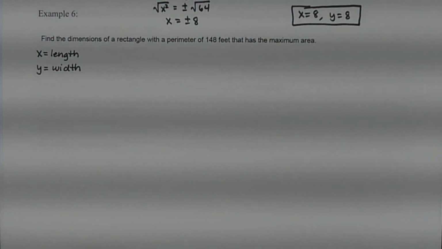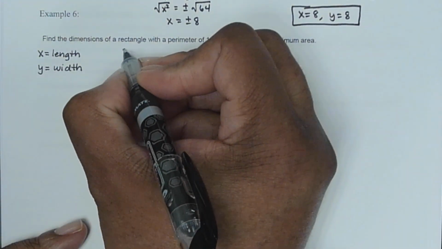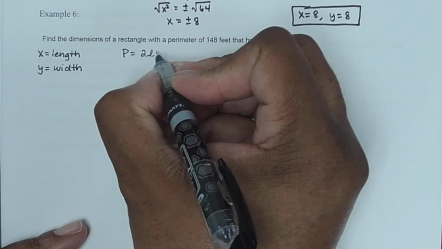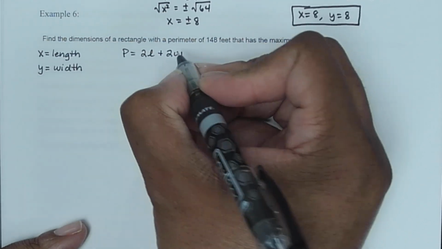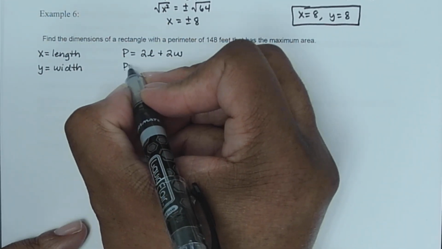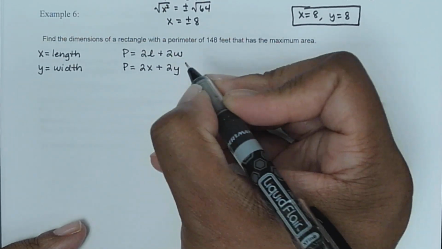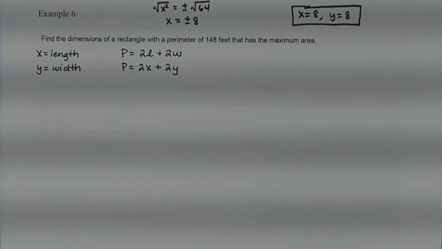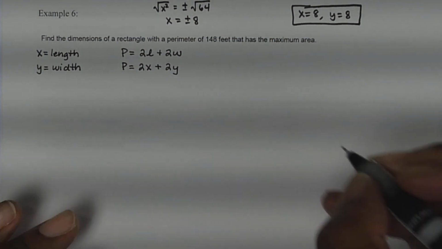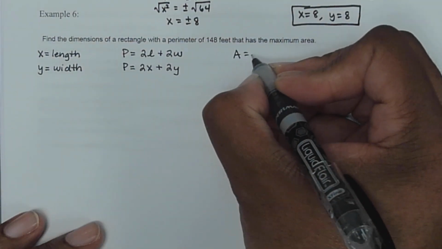Now, the perimeter of any rectangle, of course, P is equal to 2 times the length plus 2 times the width. But, of course, we're dealing with x and y, so it'll be 2 times x plus 2 times y. And the area, maximum area, means that A will have to be x times y.